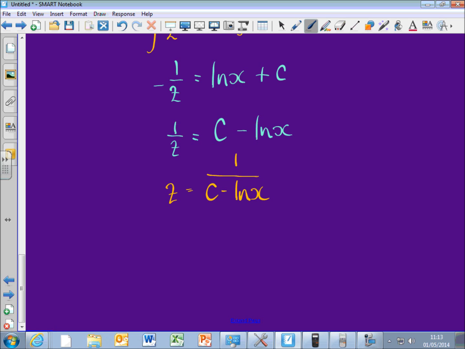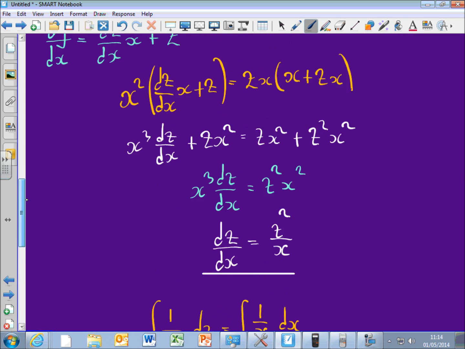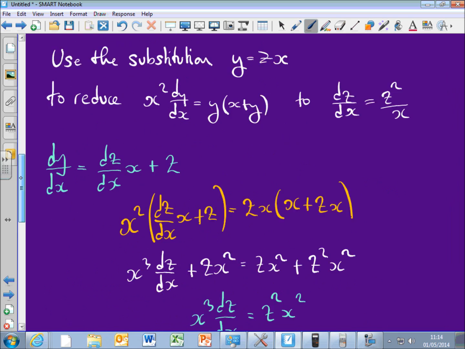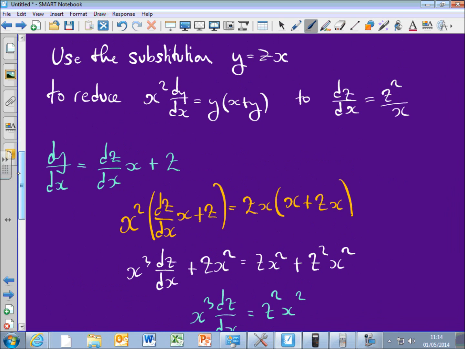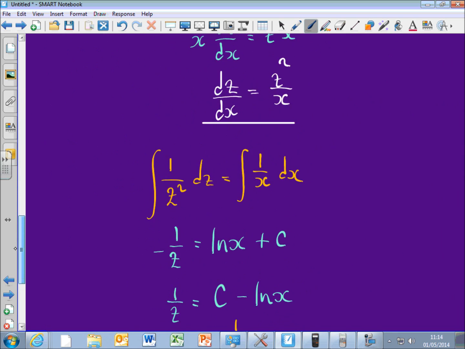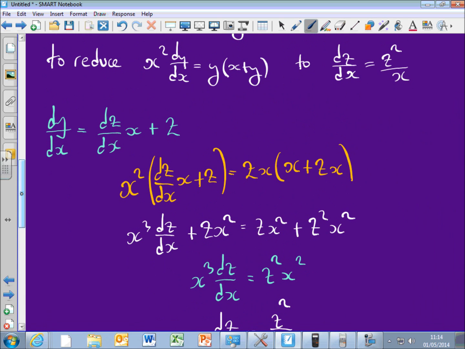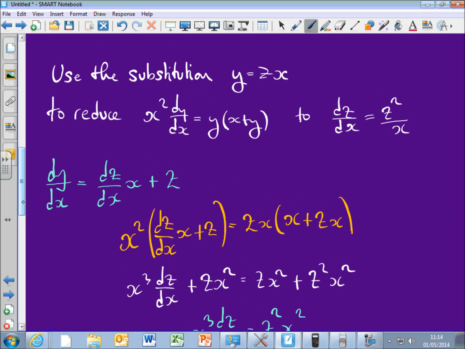Hang on, this is 'hence find y in terms of x.' There's no y's. Hence find y in terms of x. Yeah, well, can't we just change? Go back. Where was the question? Oh, it's not that one. Where is it? I can just sub in y over x for z, can't I?